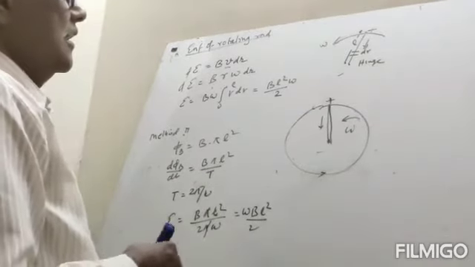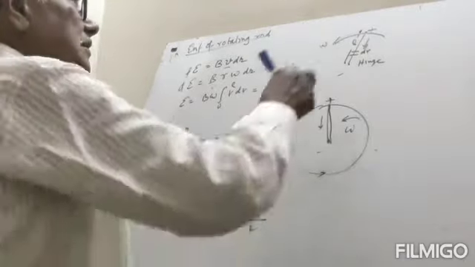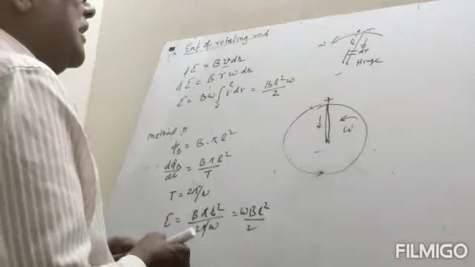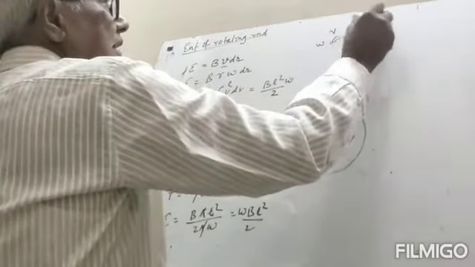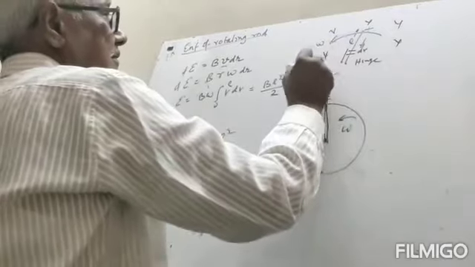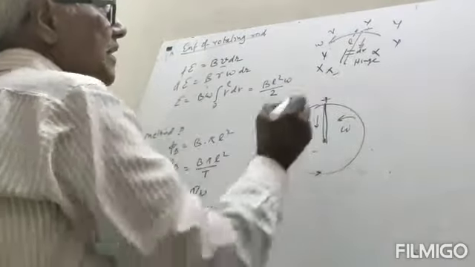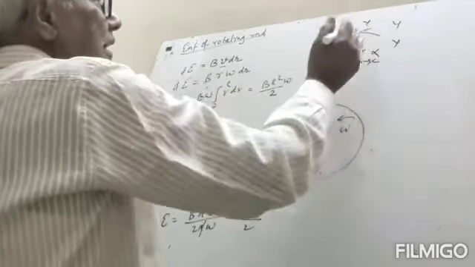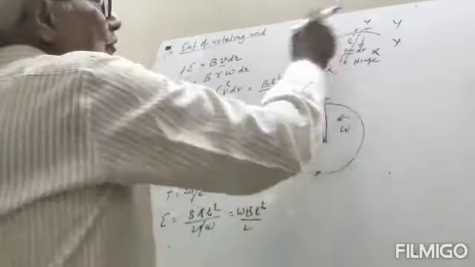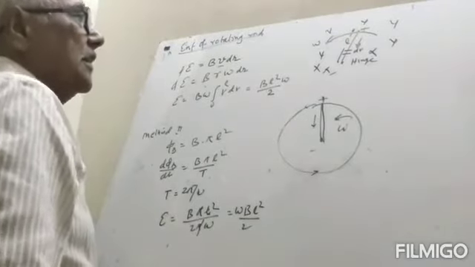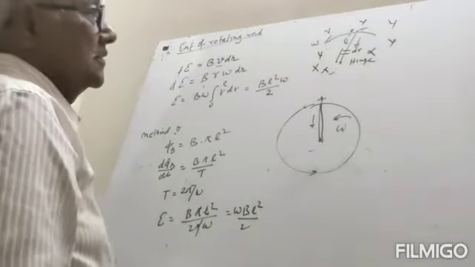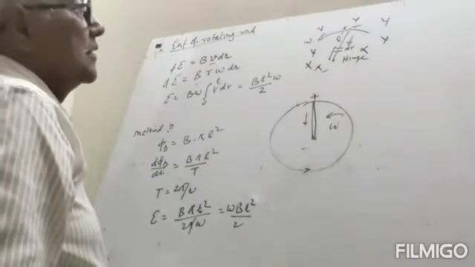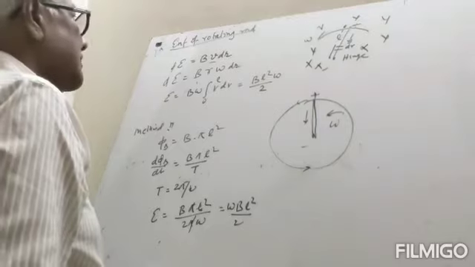Suppose the length of the rod is L and the magnetic field is perpendicular, inside the board, and this is the hinge, and about this hinge the rod of length L is rotating with angular velocity omega in the anti-clockwise direction, and we have to find the EMF between its two ends.